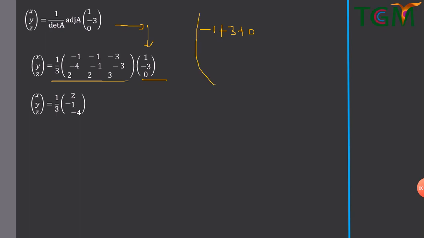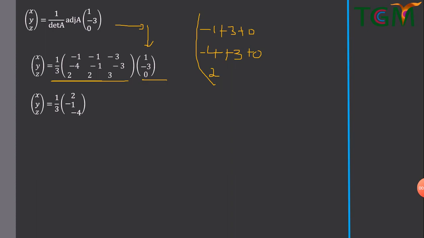Okay, come to the second row. Negative 4 multiplied by 1, that should give us negative 4. Negative 1 multiplied by negative 3, that should give us positive 3. Negative 3 by 0, that should give us 0. To the third row, 2 multiplied by 1, that should give us 2.